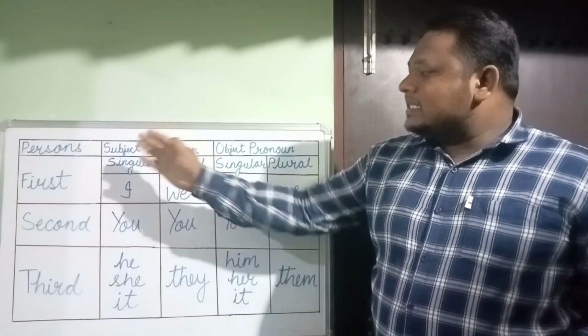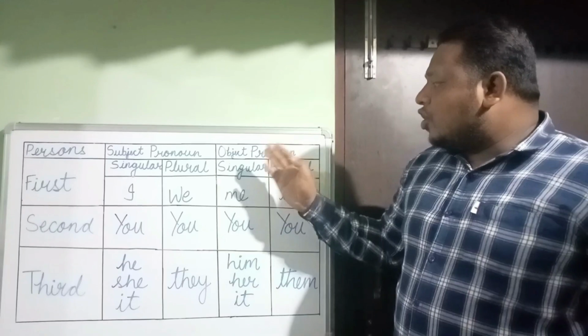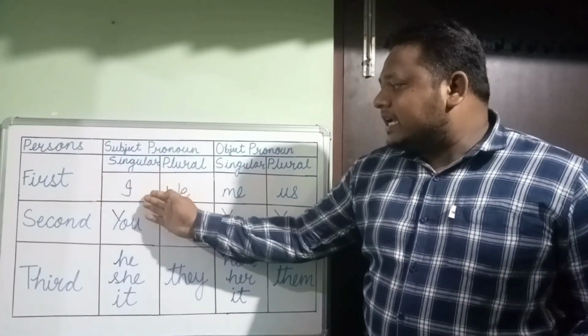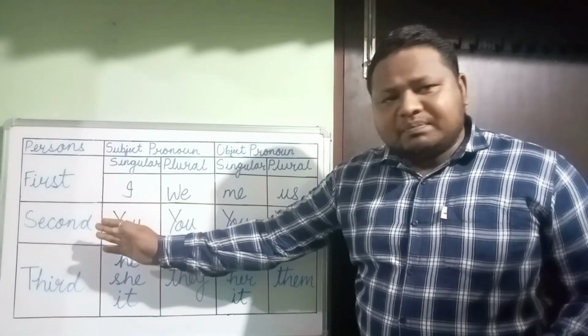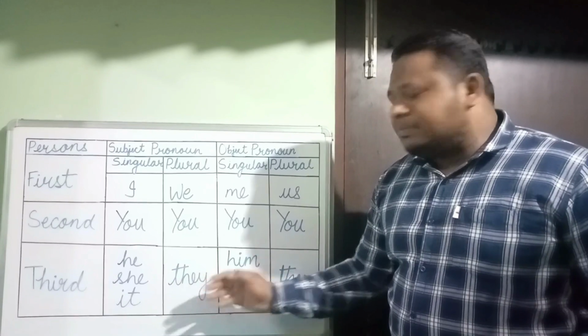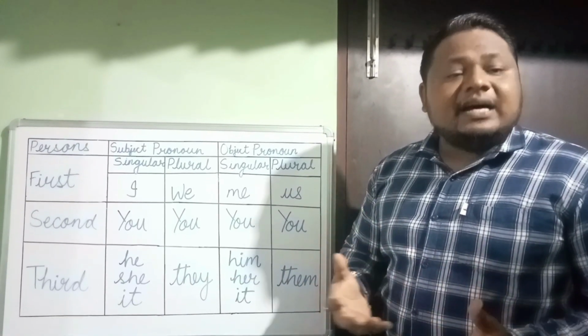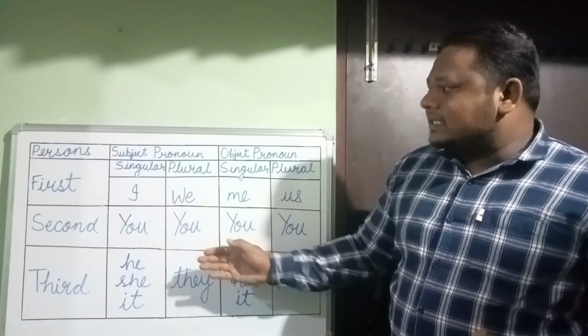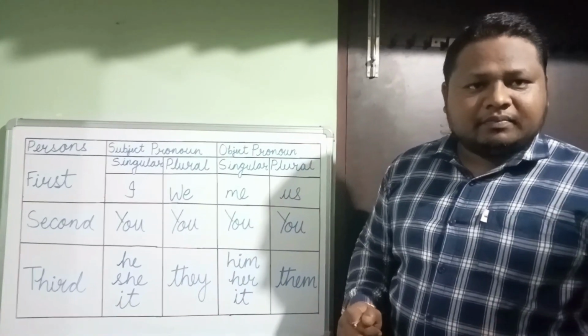Now, let us talk about subject pronoun and object pronoun. When the first person, singular and plural, second person, singular and plural, third person, singular and plural, acts as a subject in a sentence, then we call it a subject pronoun.